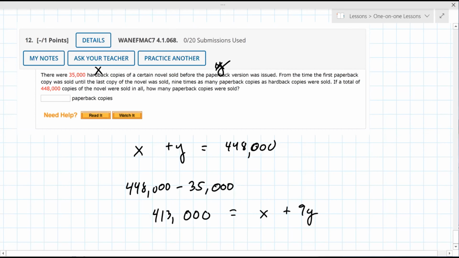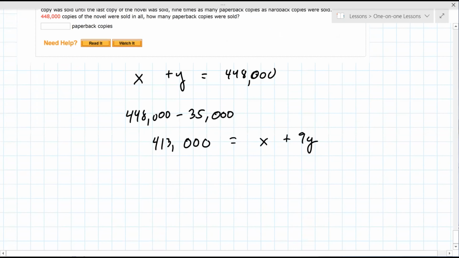If that's not clear, I can try again. Yeah, that makes sense. But where do you put the 35,000? Well, that was the point of this subtraction here. This relationship only holds for the last 413,000 books that were sold. Okay, got it. But the total of them is this.